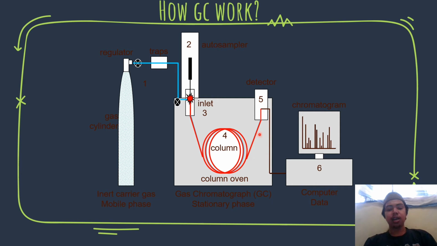At the end of the column, the detector will record the amount of the sample hitting it, and in the end our computer will show the result data.